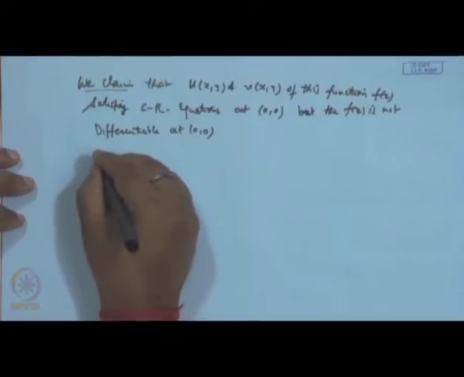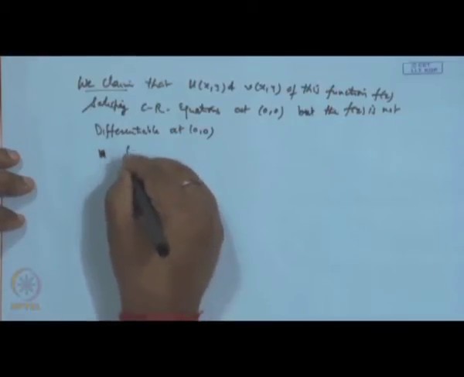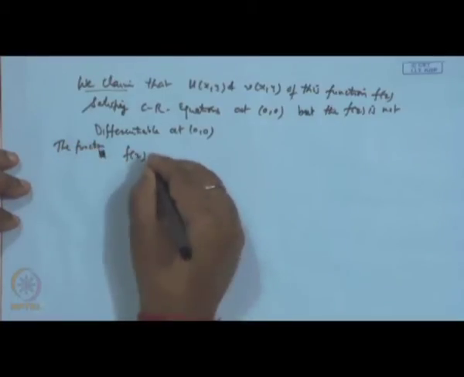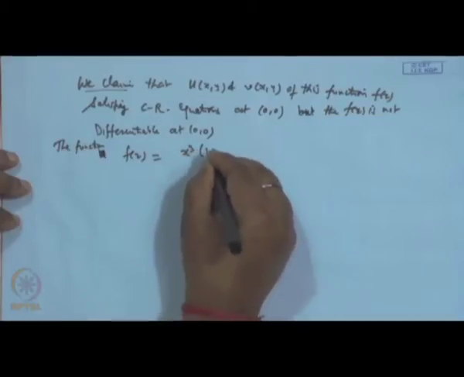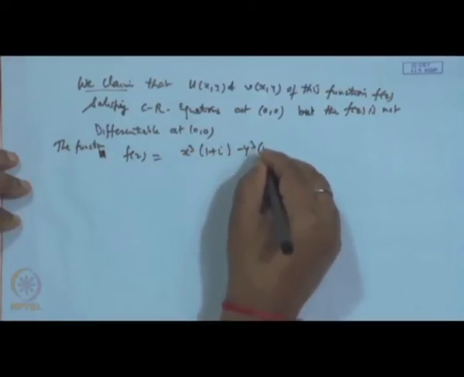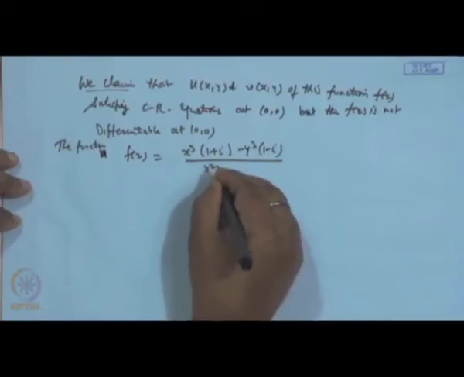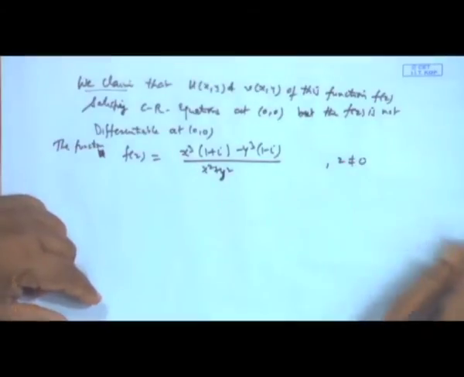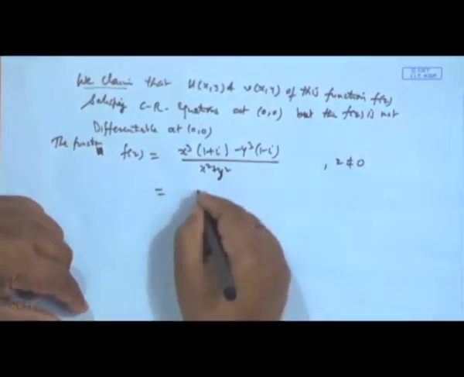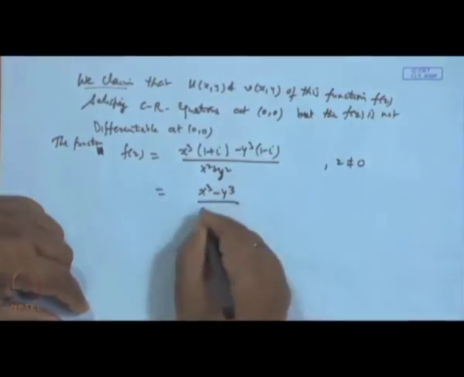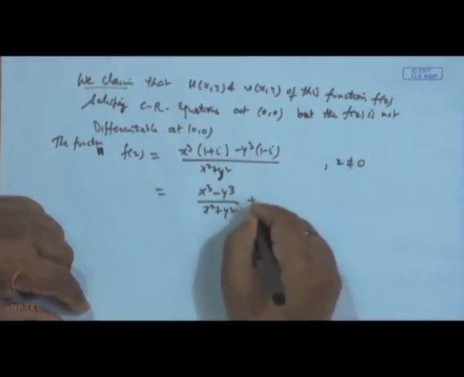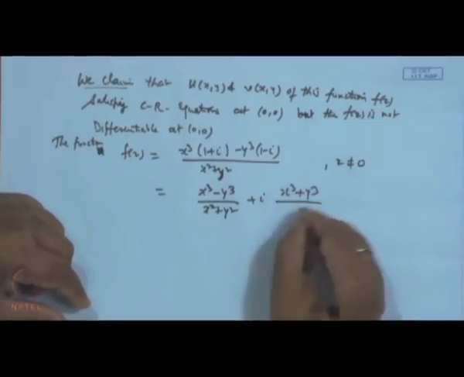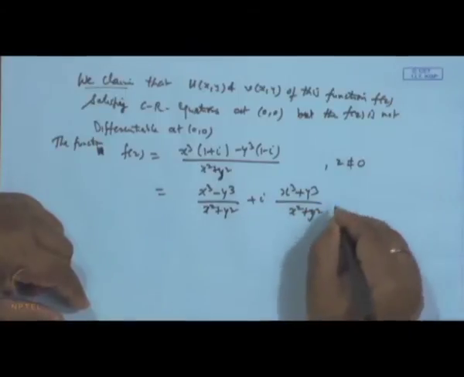What is the function u? The function f(z) is x cube (1 plus i) minus y cube (1 minus i) over x square plus y square, is it not, when z is not equal to 0. So, this function we can write like this: (x cube minus y cube) over (x square plus y square) plus i times (x cube plus y cube) over (x square plus y square).